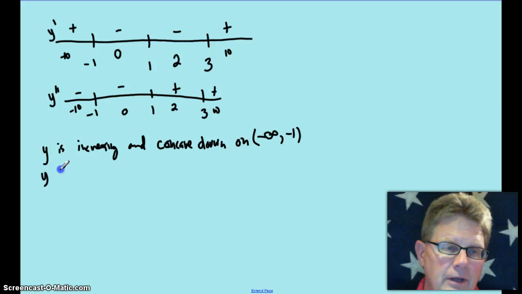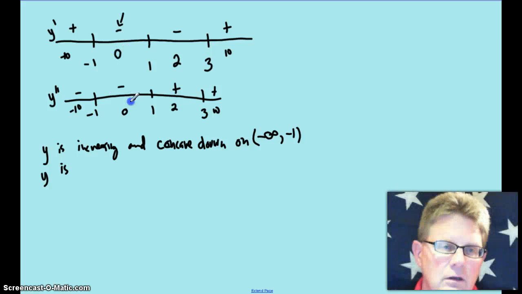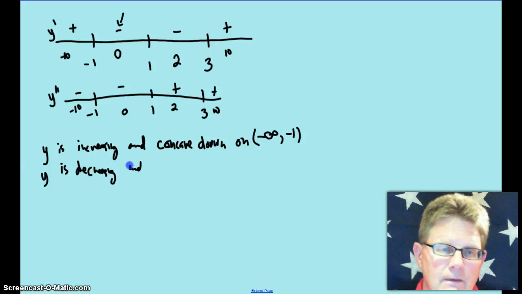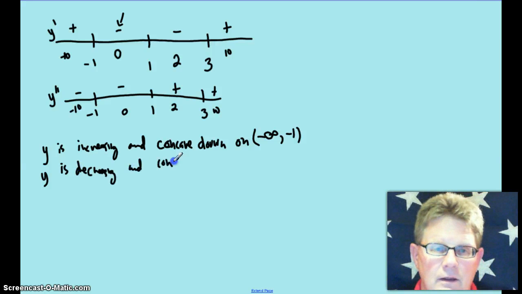Going to be a little repetitive here. Now let's look at this next interval right here. The derivative is negative and the second derivative is negative. So it's decreasing and concave down on negative 1 to 1.